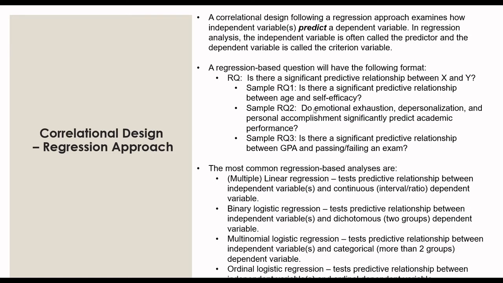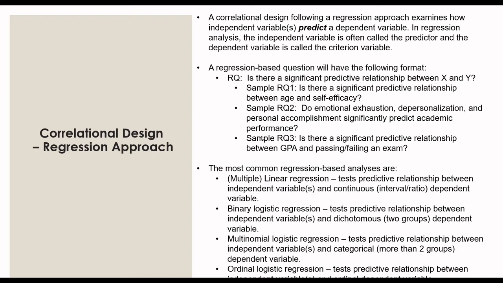You can also list multiple factors as predictors and have an outcome or criterion that you're trying to predict. So in this case, maybe you're using the Maslach Burnout Inventory, the MBI, and you're trying to predict how emotional exhaustion, depersonalization, and personal accomplishment significantly predict academic performance.